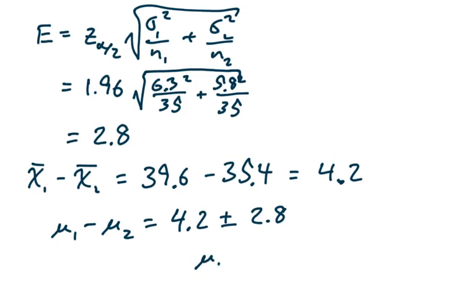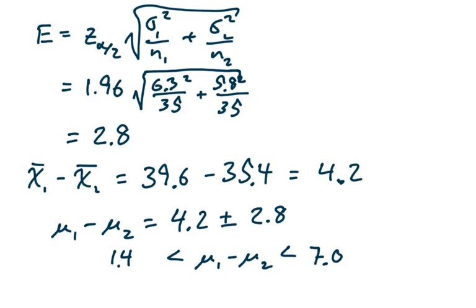And then for the final answer, we'll write it properly as a double inequality. On the one side, we'll do 4.2 plus 2.8, so we get 7.0. On the other side, we'll do 4.2 minus 2.8, so that gives us 1.4. Right?